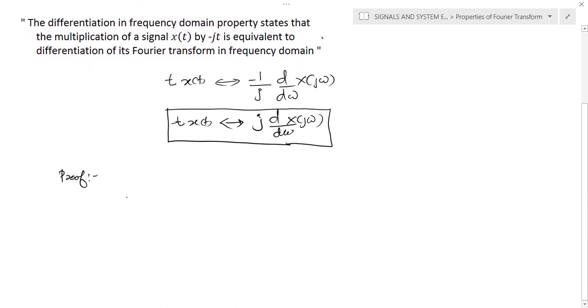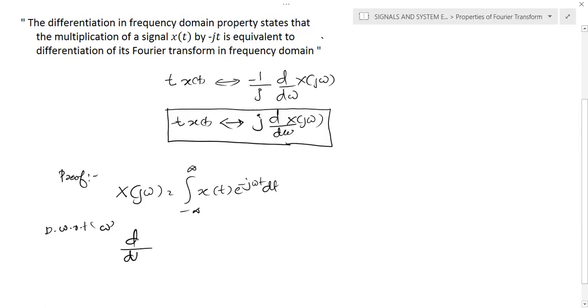For the previous explanation, we took the inverse Fourier transform equation. Now we'll take the forward transform equation. That is, X of j omega is given by the integral from minus infinity to infinity of x of t e raised to minus j omega t dt. Now, if you differentiate with respect to omega, d by d omega of X of j omega can be written as follows. Here on the right side, the variable is t, so we can apply the differentiation to the e raised to minus j omega t term.